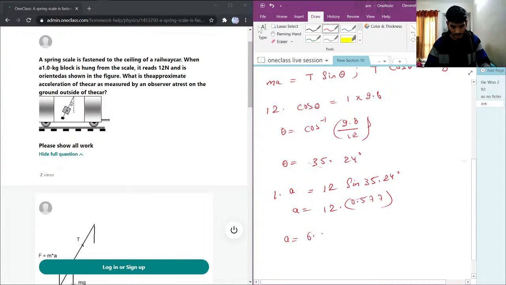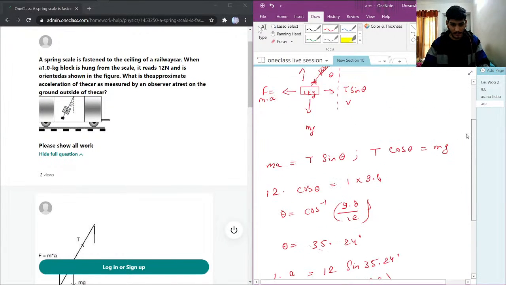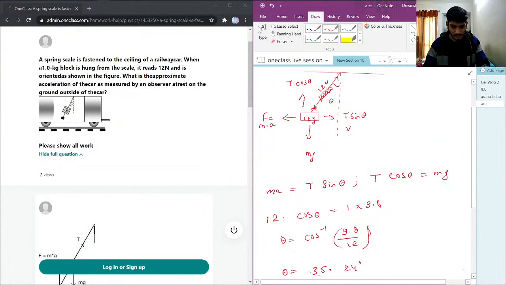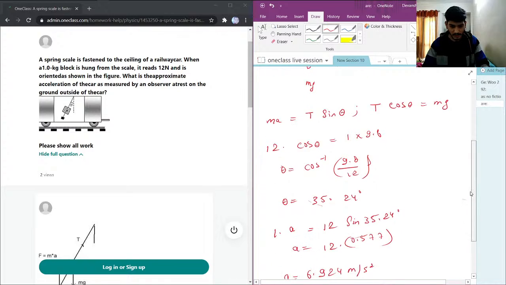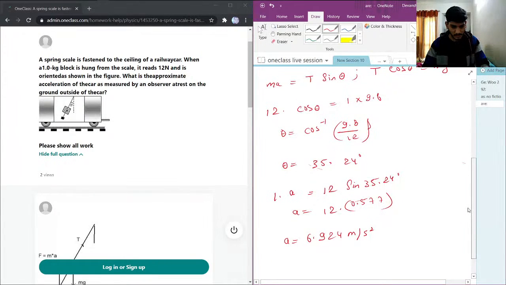A is coming out to be 6.9 meters per second square. I'll just cross check this. So this was T cos theta equals mg, T sin theta equals ma. We put the angle in.